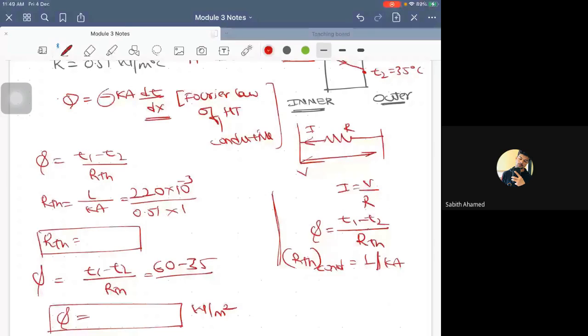Solve it, R thermal resistance. 0.4313. Calculate the amount of heat transferred.